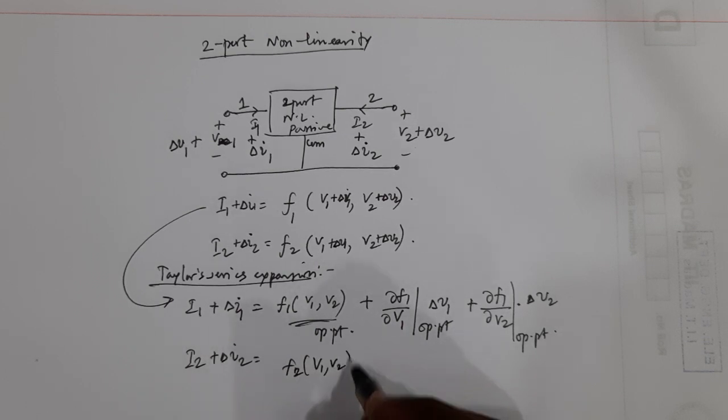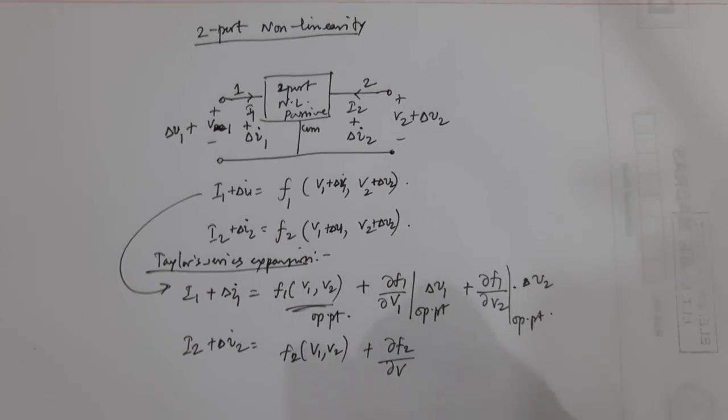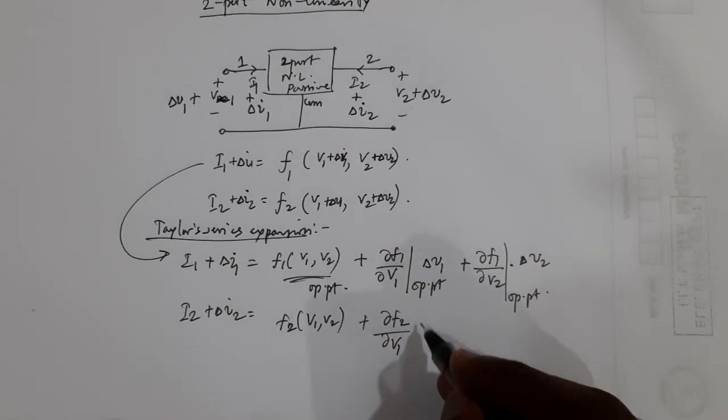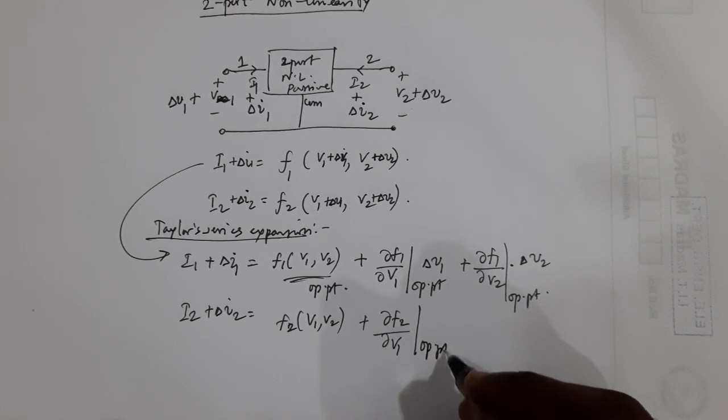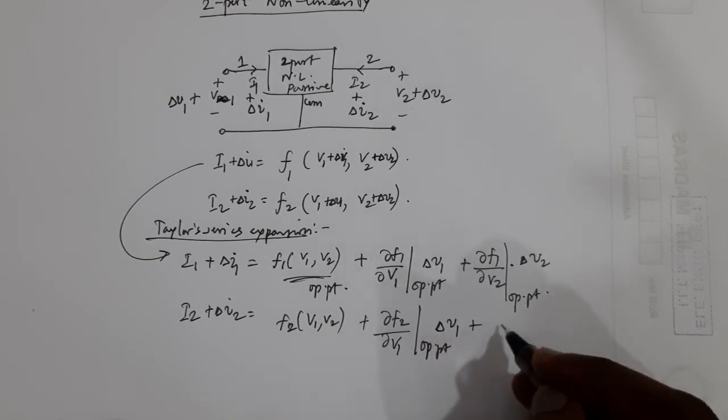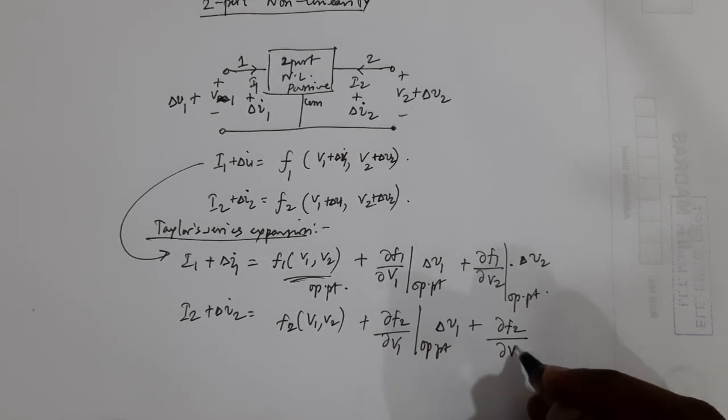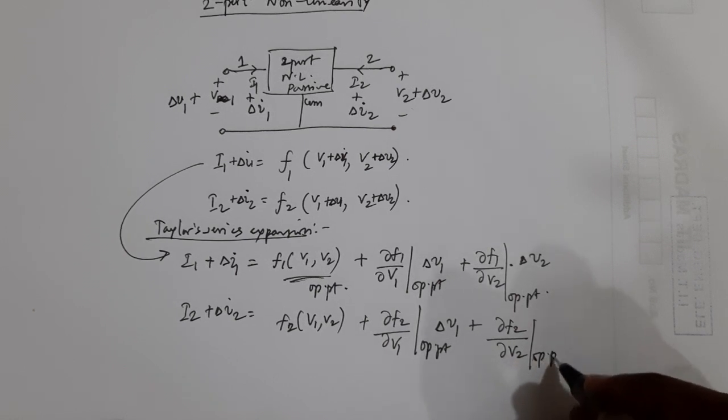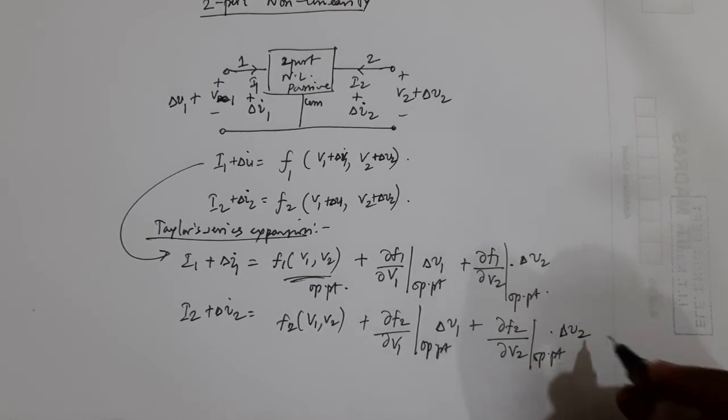So similarly I2 plus delta I2 also follows as f2 of v1 comma v2 plus dou f2 by dou v1 at the operating point times delta v1, plus dou f2 by dou v2 at the operating point multiplied by delta v2.